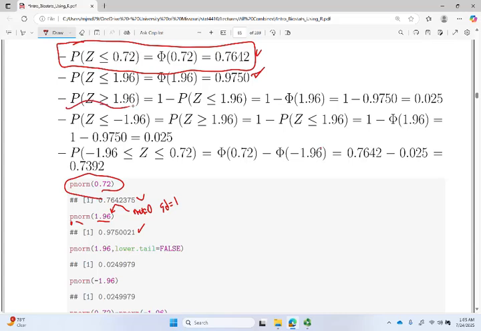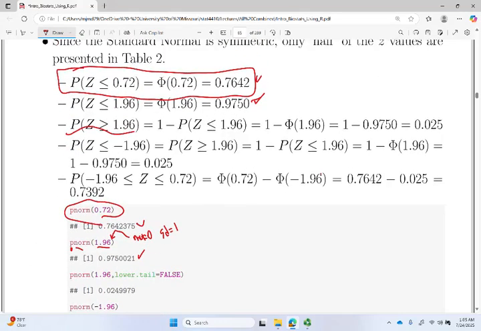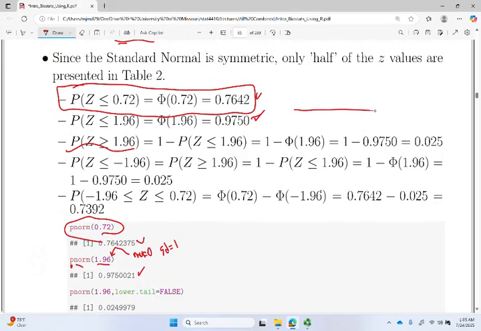Now the probability of being greater than 1.96. So if we draw the standard normal distribution, and we're at 1.96, we're trying to be greater than that. That's not a CDF, right? So the table doesn't help us directly. But we do know that the total area under the curve is 1. So these two probabilities add to 1.